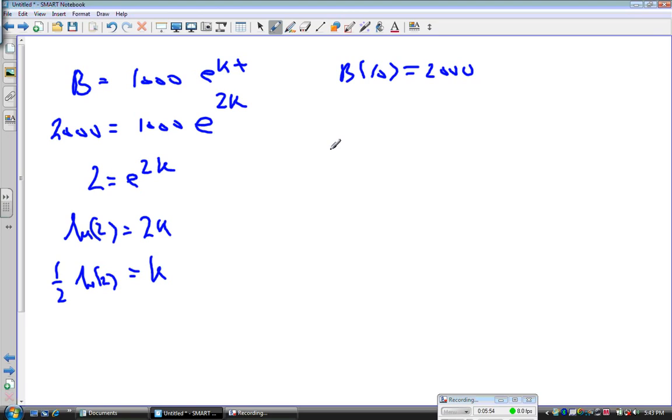That's great. So what do you have? You have that B, as a function of time, is 1,000 e to the ln of 2 over 10. I'm sorry, I'm messing up here. I'm plugging in 10 for t, right?